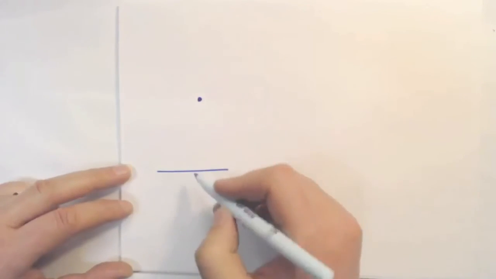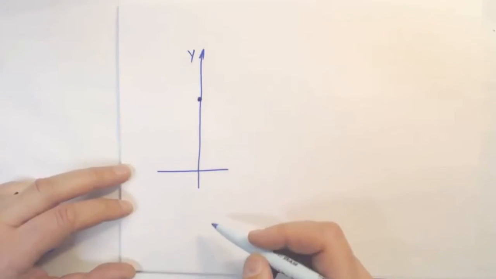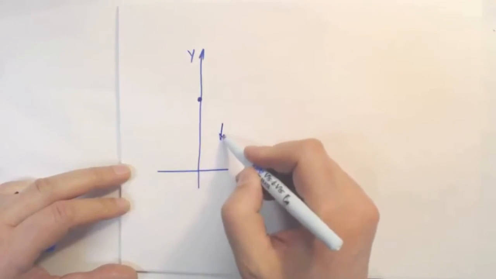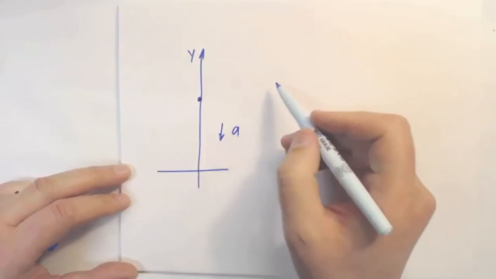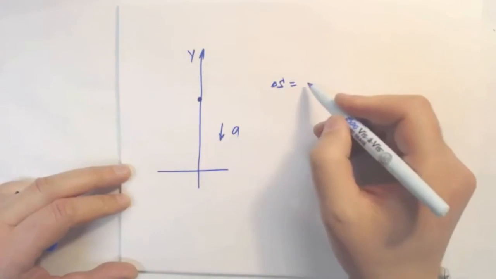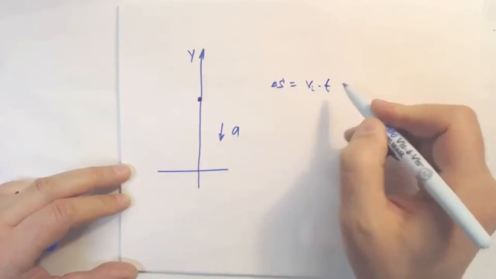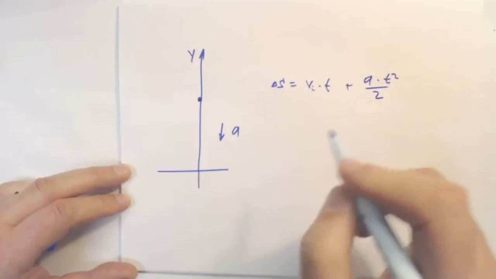Let's choose the positive y direction straight up. So our acceleration points down. The equation we are using is this. The displacement equals the initial velocity times time plus acceleration times time squared divided by 2.